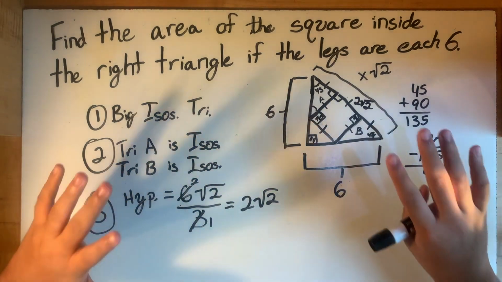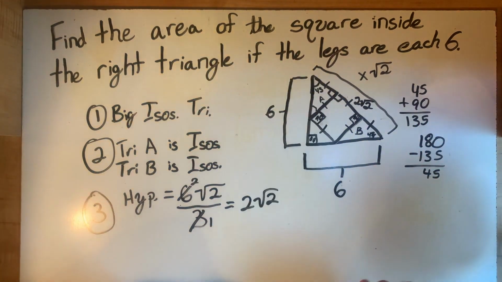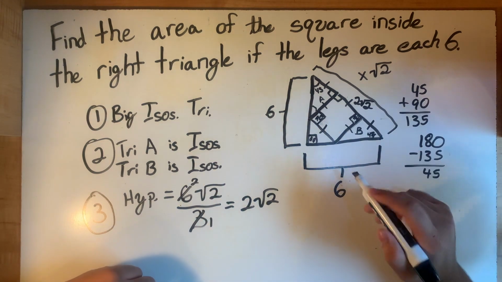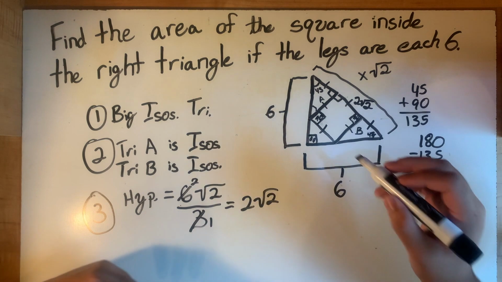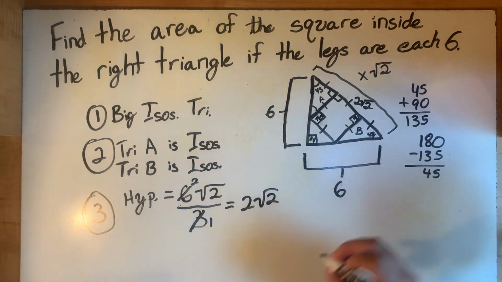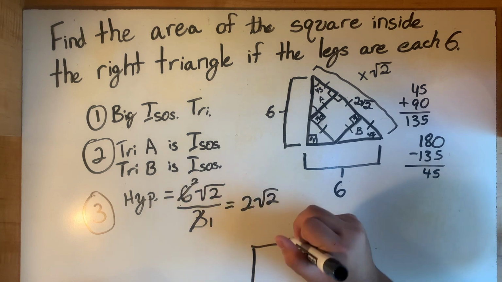Let's go back to what we really want to find, the area of the square. We know all the sides of the square are the same. So let's just draw out the square here.